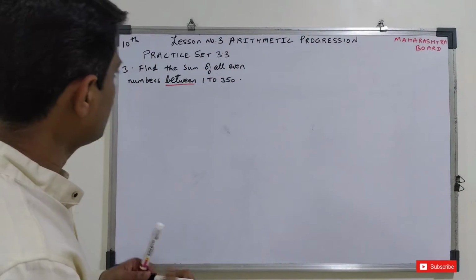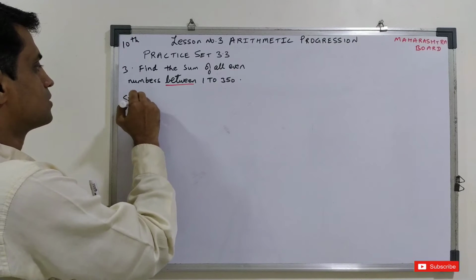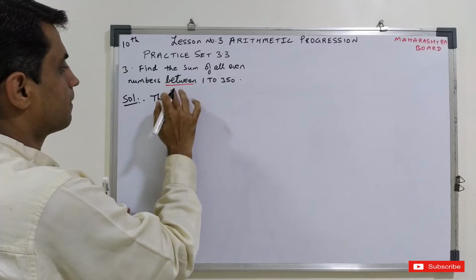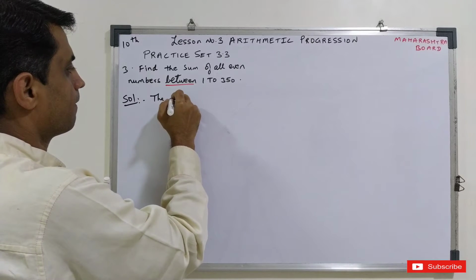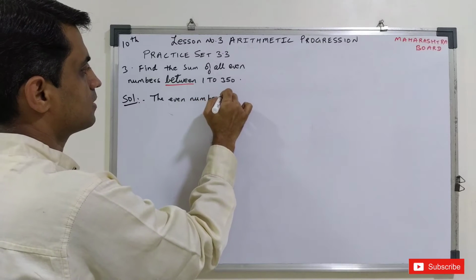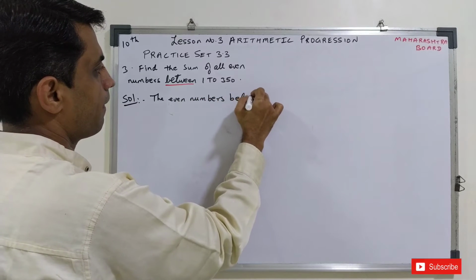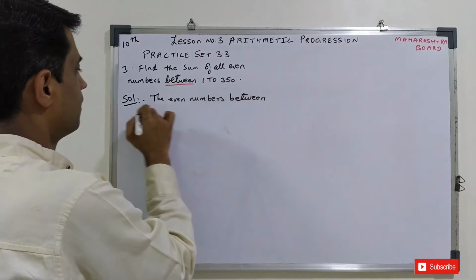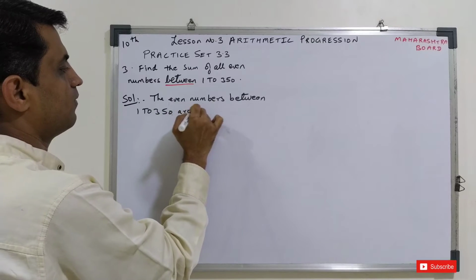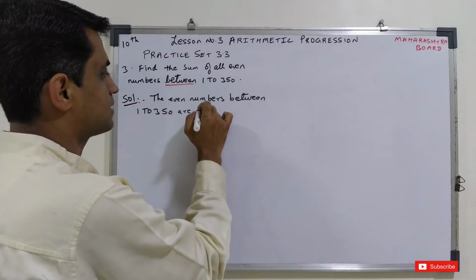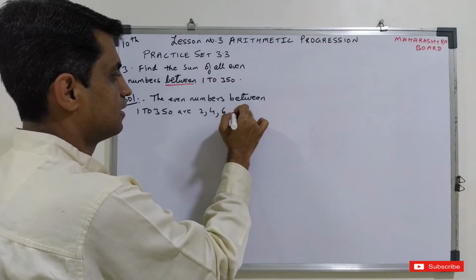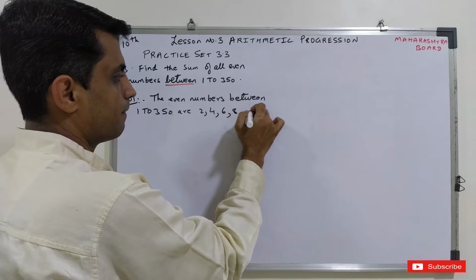Now first let us form the AP here. Solution. The even numbers between 1 to 350 are, what are the even numbers? First, what will come? 2, yes. 4, what will be the next? 6, correct. 8 and so on.